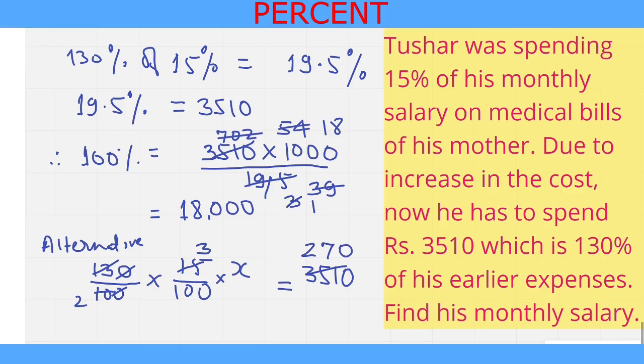So this is 270. And 3 divides 270 for 90 times. Therefore, X equal to 2 multiplied by 100 is 200 multiplied by 90. 200 multiplied by 90 is 18,000. This way we can find the salary of Tushar by the alternative method, assuming the salary of Tushar equal to X.